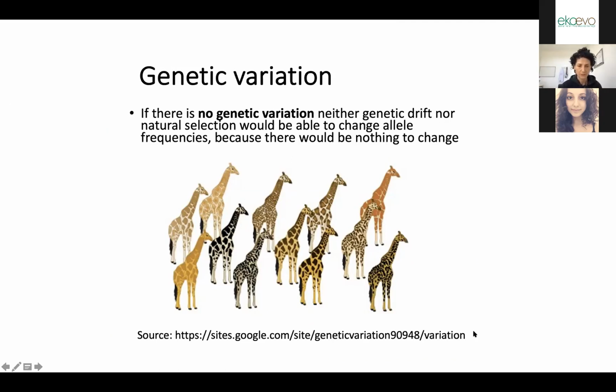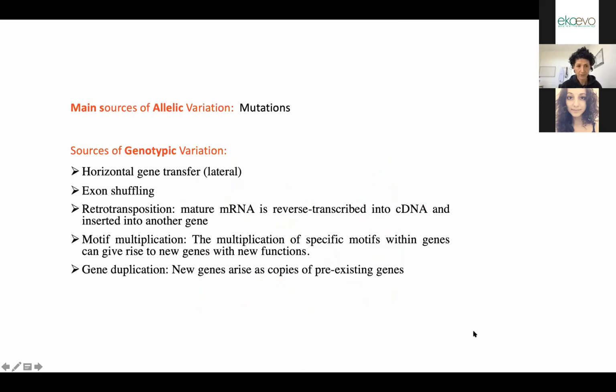So first of all, there is the need for genetic variation. This genetic variation can be at the allelic level or genotypic level. What is the main source for allelic variation? Mutations. There are many sources of genetic variation.